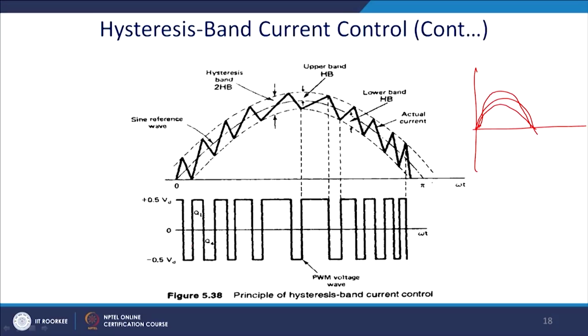So, this is the switching of it, and once it hits the upper band, correspondingly the lower leg will be on and ultimately you will get the lower voltage, and once it drops and hits the lower band, the upper leg will be on. It is quite similar to the sine triangle PWM, which has already been seen.